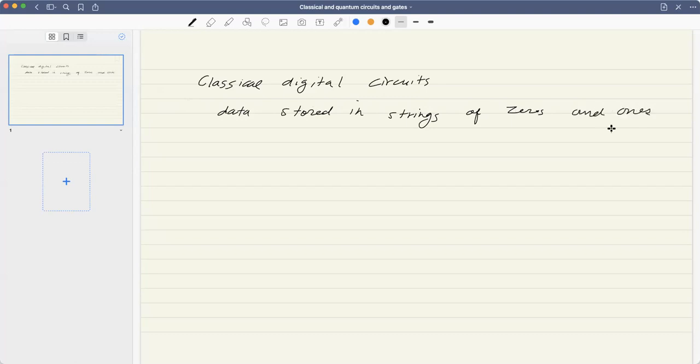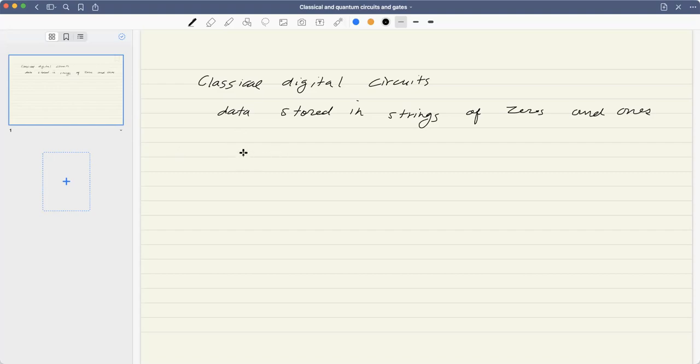And one model for computation is the so-called circuit model, where essentially the computation takes all the data, takes all the zeros and ones, and manipulates and changes these in order to achieve some computational task. These manipulations in a digital computer are done through a certain number of gates, which transform the bits.